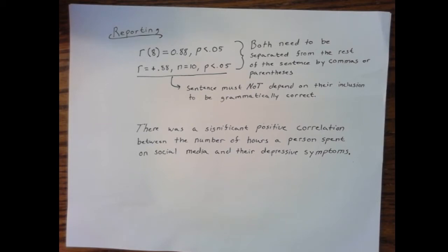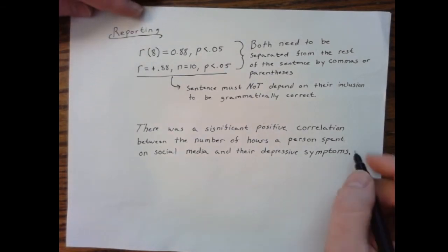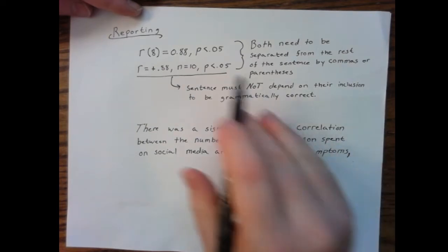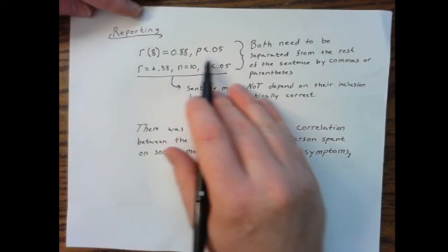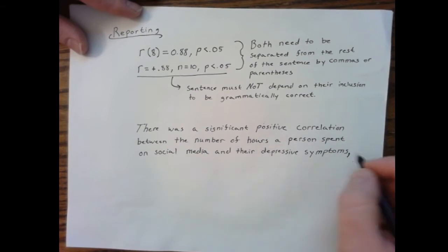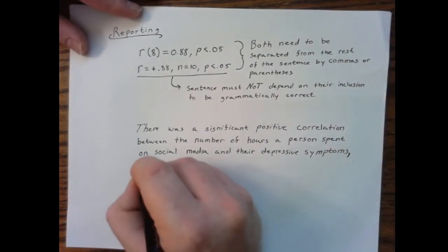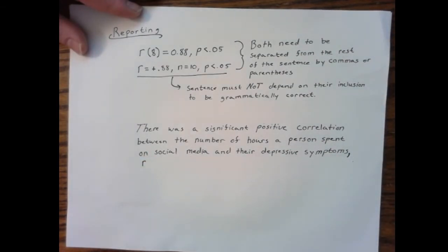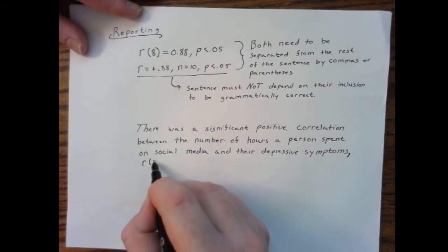However, if you are writing in an academic publication, you also then need to provide the evidence that supports this sentence. Note that I use the word supports the sentence. It does not complete the sentence. So in this case, I'm going to use this first means of reporting right here, where I switch this period to a comma, and then it is R to indicate Pearson's R, parentheses, and then I need my degrees of freedom, which is 8.